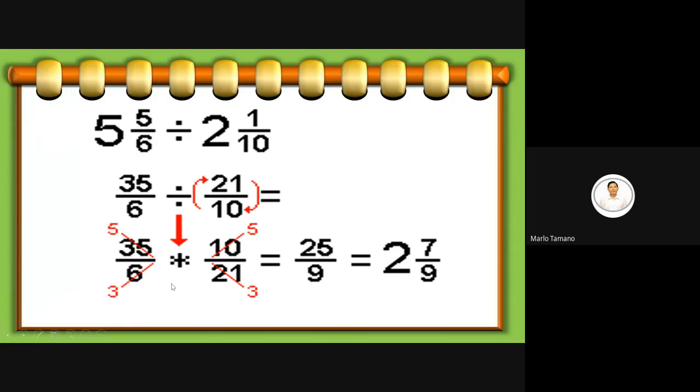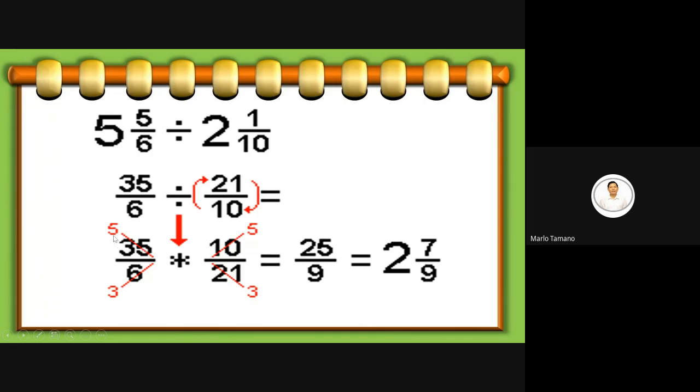Titingnan niyo muna, obserbahan niyo muna po yung pwede nating i-cancel. Katulad nito, 35 and 21. Ano ba ang GCF nito? 7. So 21 divided by 7, 3. Ilang 7 meron sa 21? Di ba tatlo? Then, yung 35, ilang 7 meron sa 35?